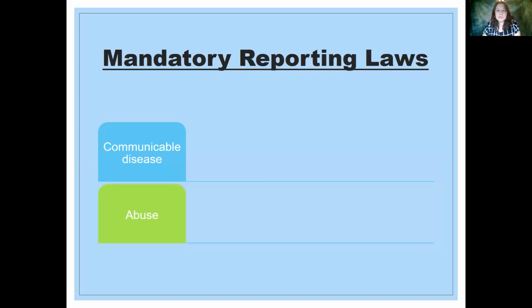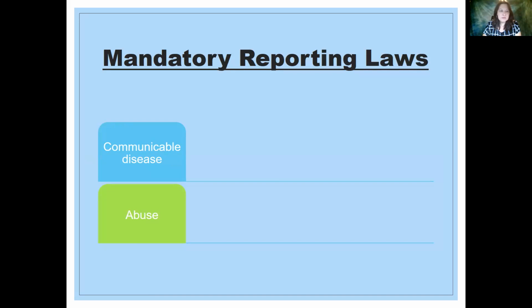Now we'll talk a little bit about mandatory reporting laws. Mandatory reporting laws require nurses to report communicable diseases. We learned that more than anything this year when we were talking about COVID. Definitely anything that is communicable that can be passed to our community is something that you would report: COVID exposure, flu, TB, malaria.